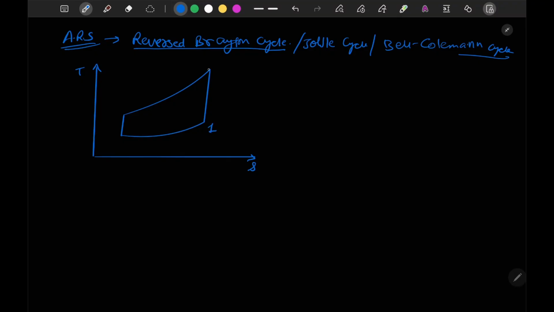So this is point 1, 2, 3, 4, 1. So this is our TS. How our air refrigeration system cycle works is dependent on the TS diagram.